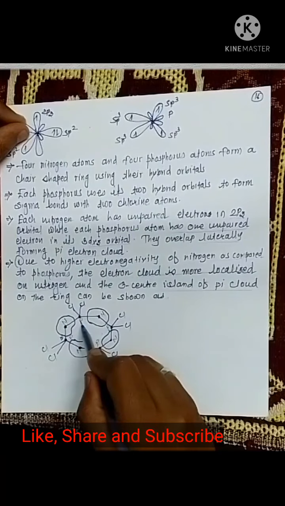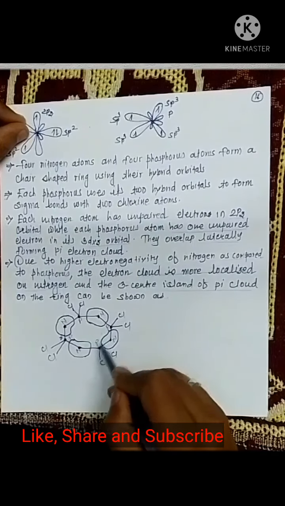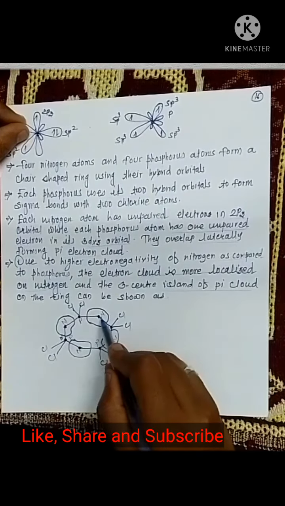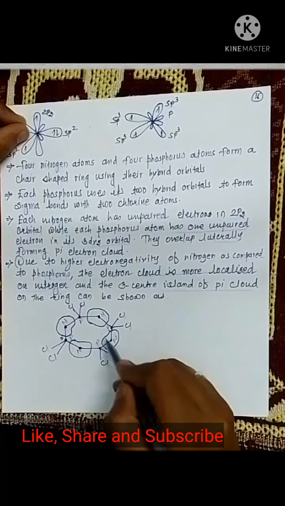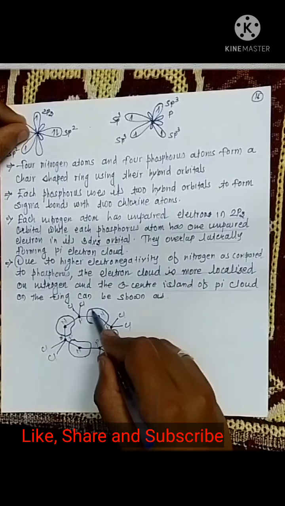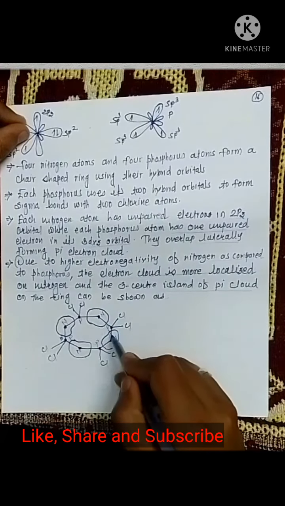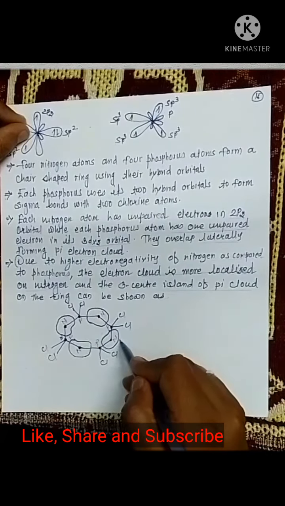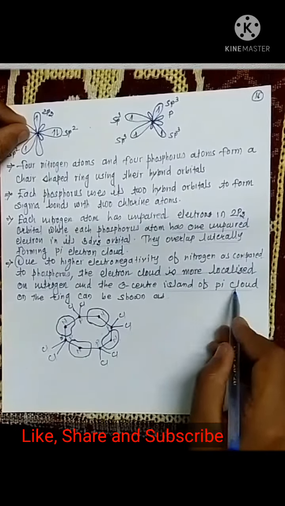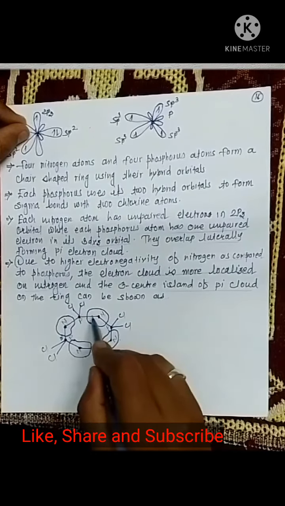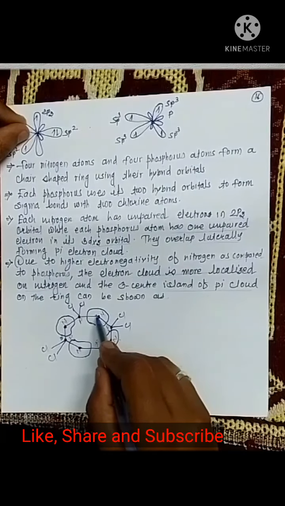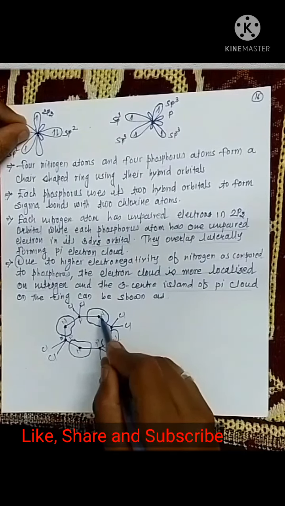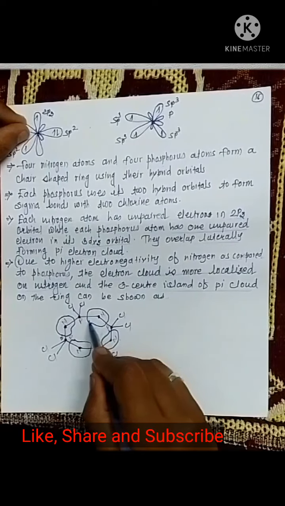So there are 4 phosphorus atoms, 1, 2, 3 and 4, and there are 4 nitrogen atoms, 1, 2, 3, 4. So it is the octagonal ring, and the circle shown on the nitrogen is basically a 3-center island of pi cloud present over nitrogen, because nitrogen is more electronegative than phosphorus.